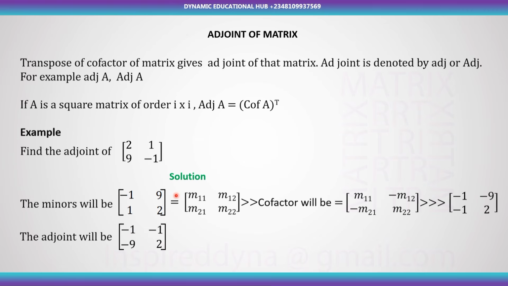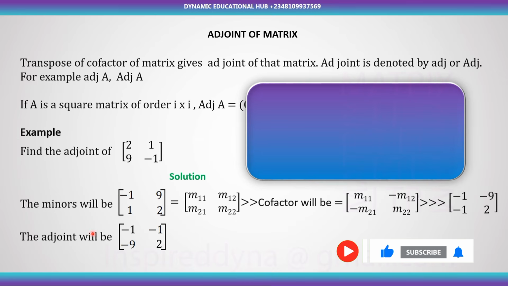I've explained minor, cofactor, transpose, determinants. This is the transpose here, just transposing it. You change the row to column. This is the row, you write it like this. You write this one like this. Again, you write this like this. And you write this way.